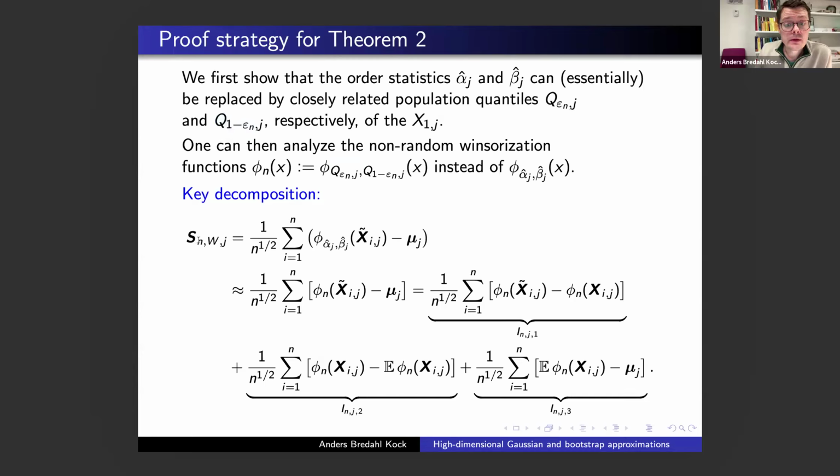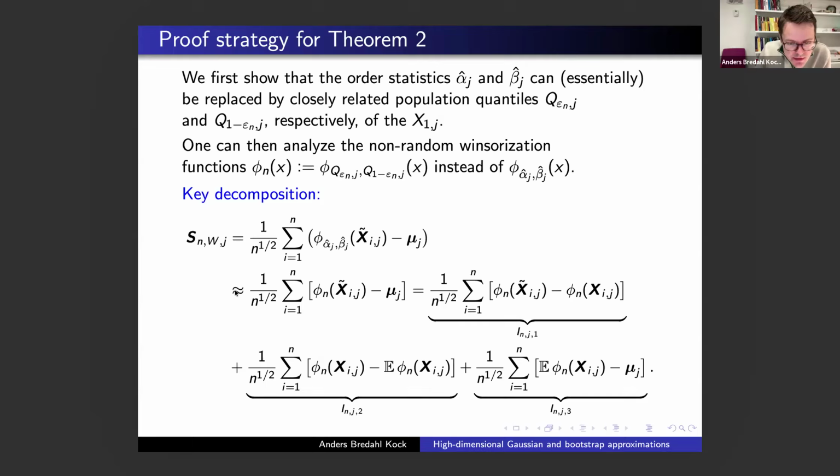My winsorized means here, which of course are defined here at the random winsorization locations, the lower and upper epsilon order statistic respectively, I replace by phi n, being this function where I now winsorize at fixed deterministic population quantiles.